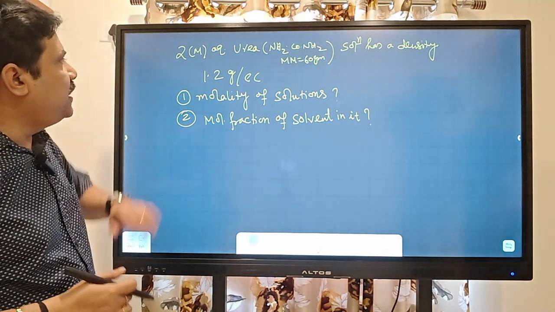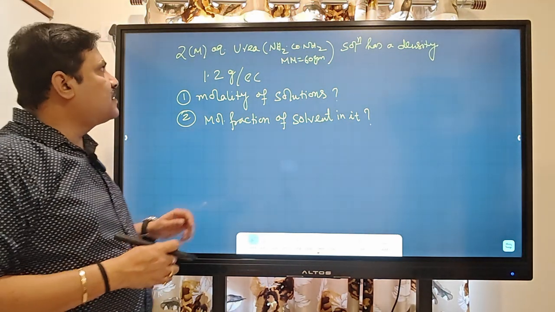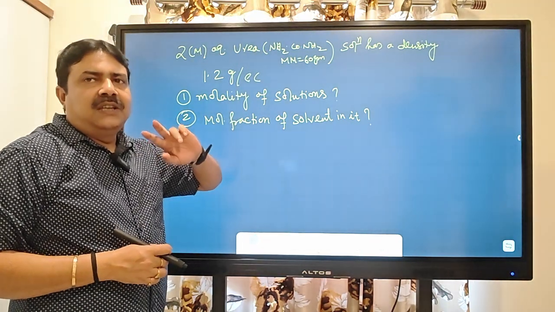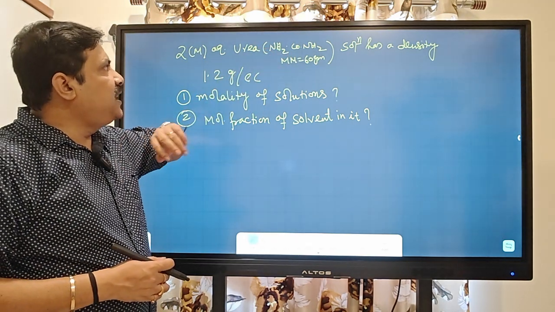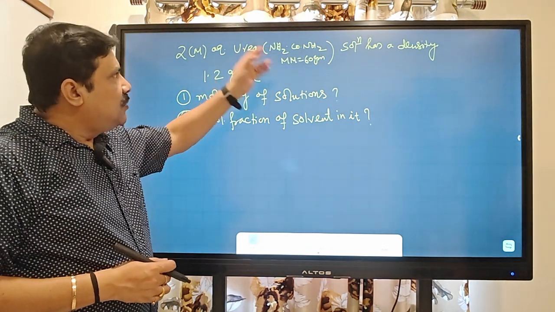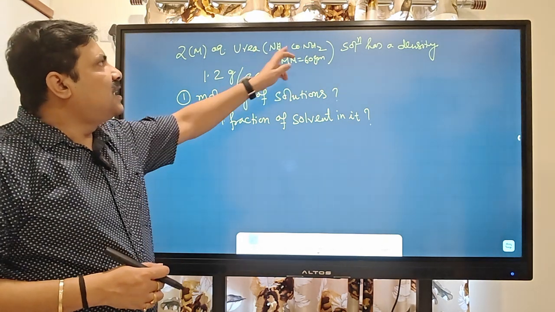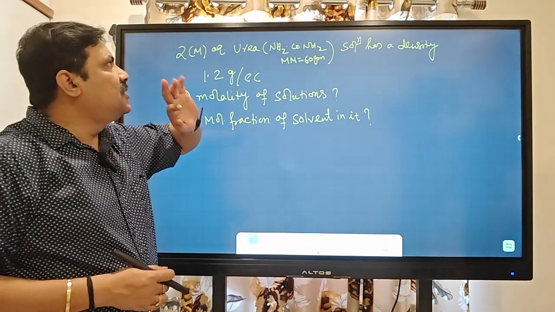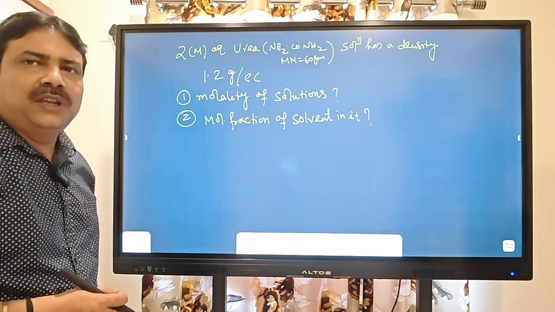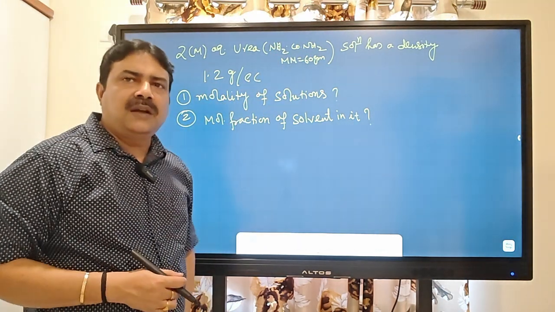Look at the problem very clearly. They are giving a 2 molar aqueous urea solution. Urea means NH2 CO NH2: 2 nitrogen, 14 into 2 is 28, 4 hydrogen plus 4 is 32, plus oxygen 16 is 48, plus 12, which is 60 gram. So urea molar mass is 60 gram.